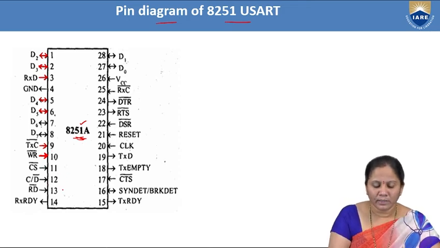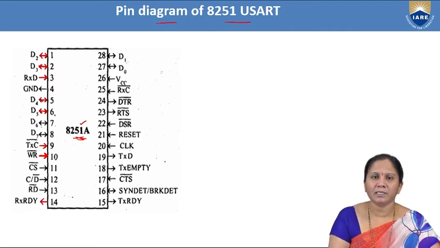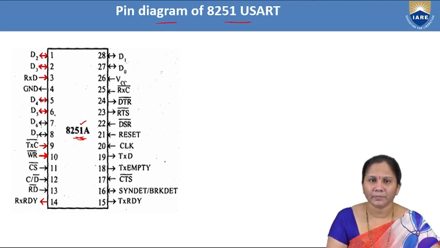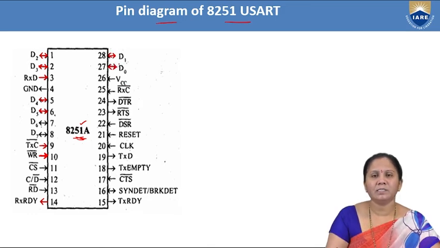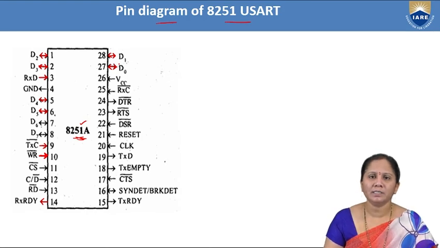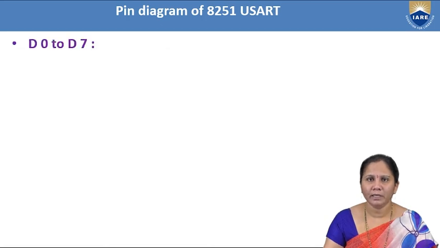RX RDY is represented as an output signal. From the 8251 it goes outside, saying that the receiver is ready. So in this pin diagram, it is clearly given which signal is an input terminal and which is an output terminal.